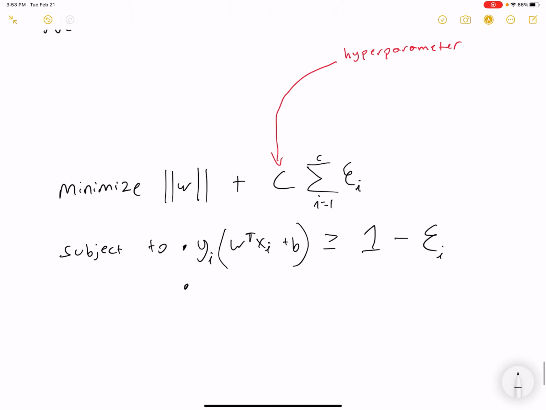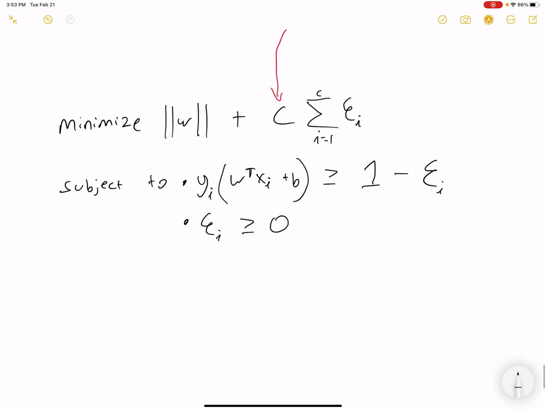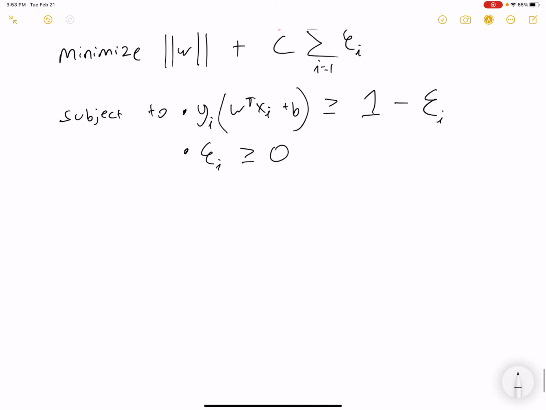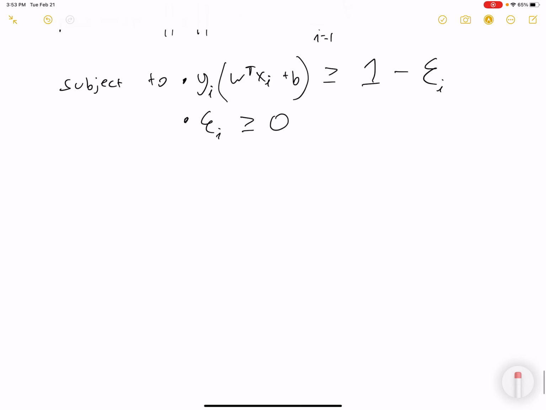And we require the error to be greater than 0. So you're not doing this if it's doing really well, only if it's doing badly. And we could actually use a loss function for soft margin SVMs. It's a relatively popular loss function.